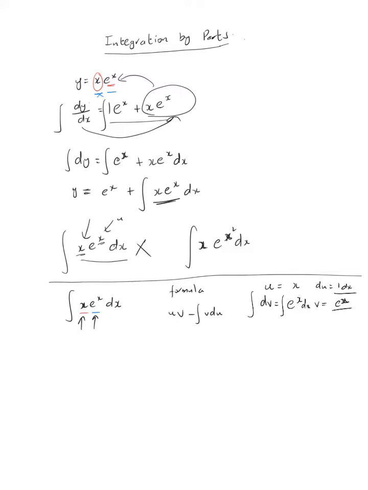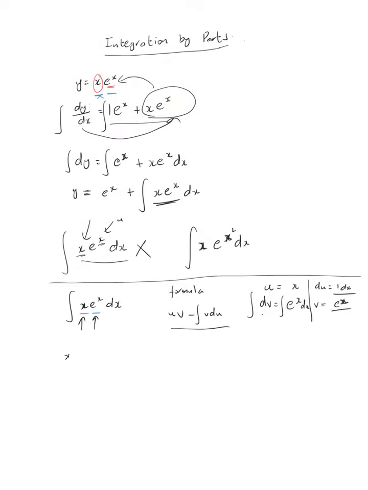Okay, so now I have all the parts of this formula. I have u, I have du, I have dv, I also have v, right? Just plug and chug. Simple plugging and chugging from this point on. So x, v is e to the x.